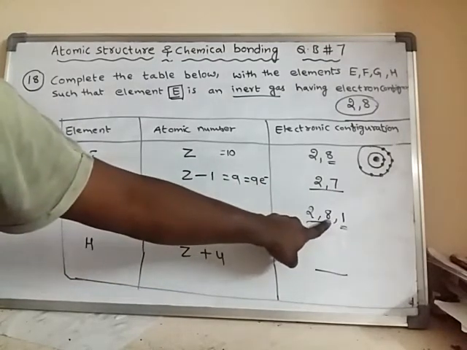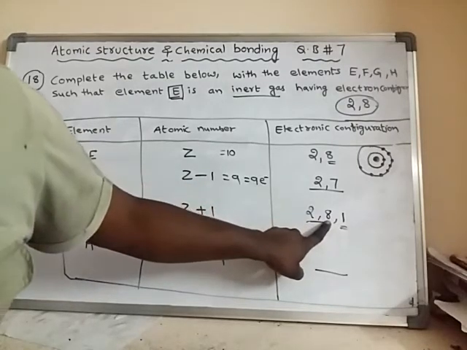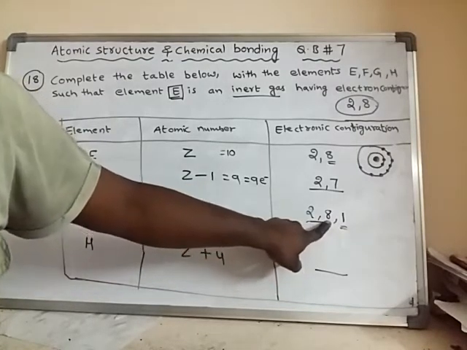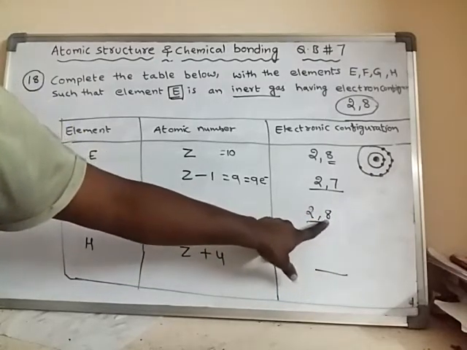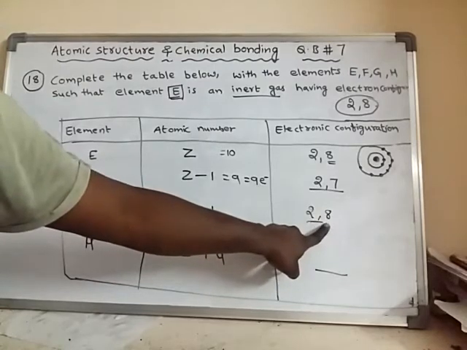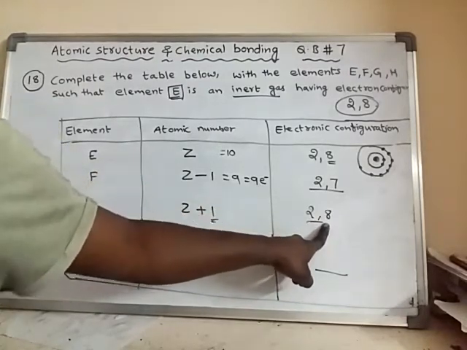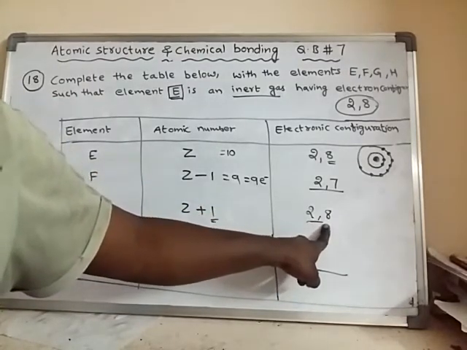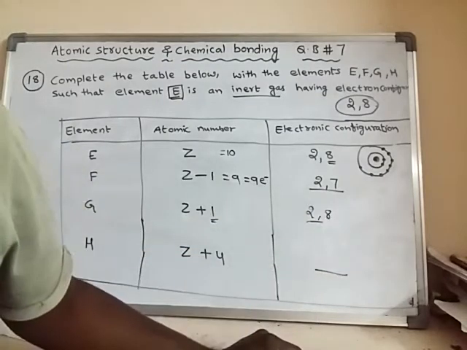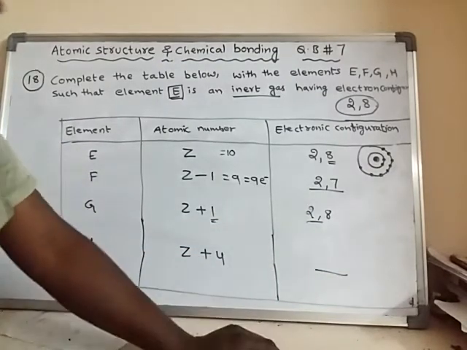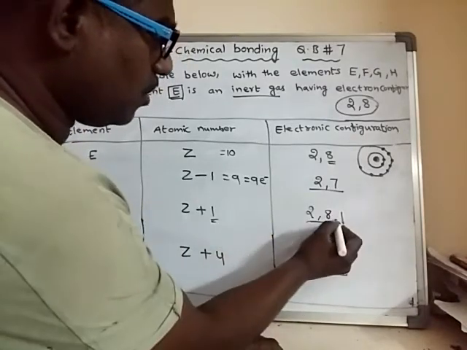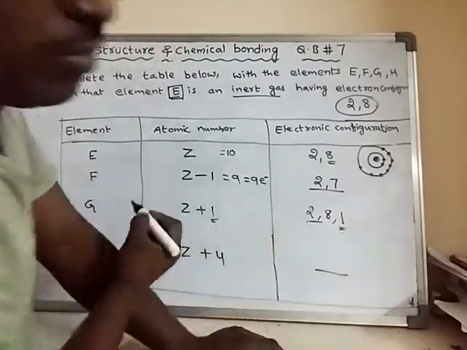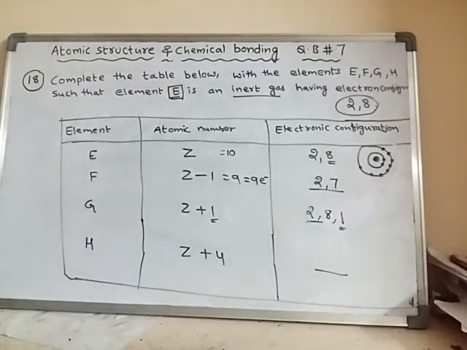That added electron cannot be taken by second orbit, because already this second orbit is having 8 electrons. Any outermost orbit cannot take more than 8 electrons. Hence the added electron will go to the next orbit. So now this will become the outermost orbit, right?